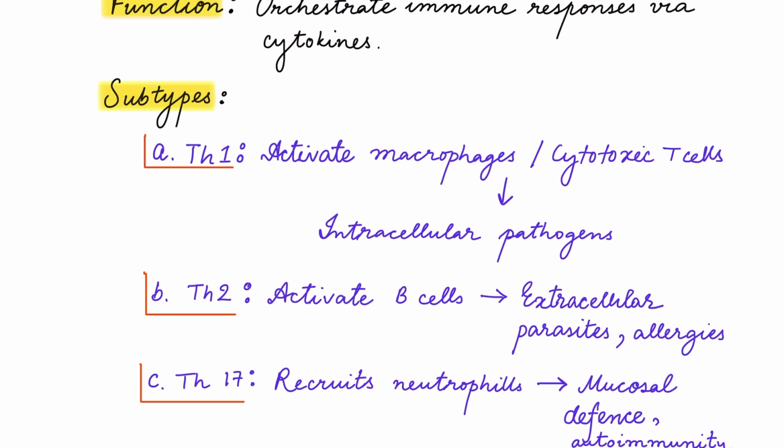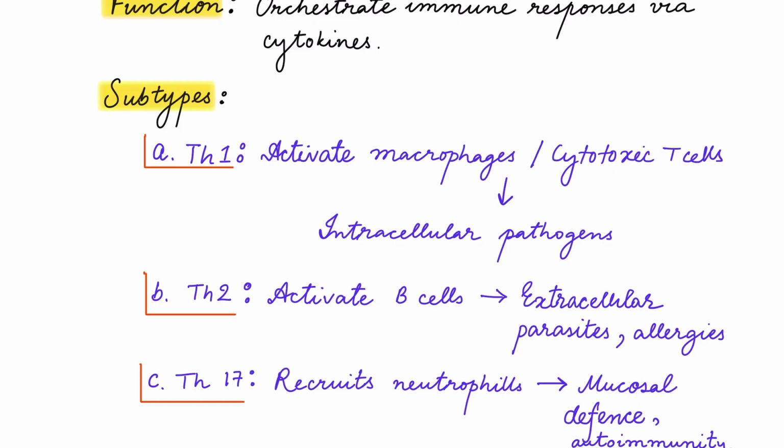Th2 cells release cytokines like interleukin 4 and interleukin 5, stimulating B cells to produce antibodies. These cells are crucial in fighting extracellular parasites and are also involved in allergic responses.